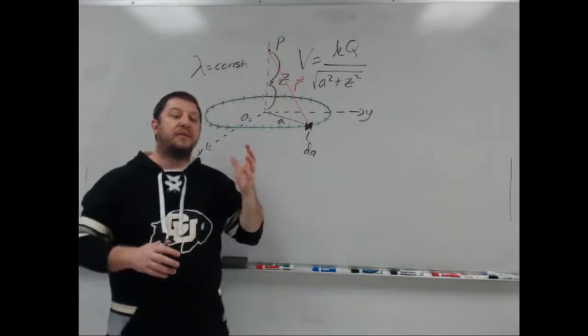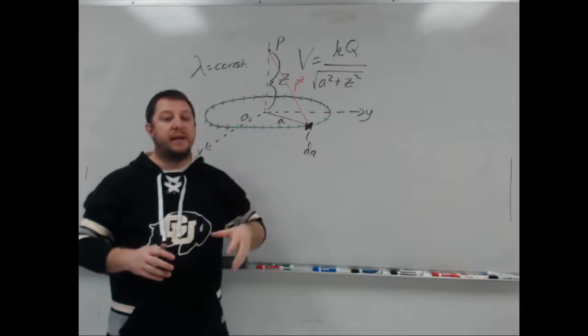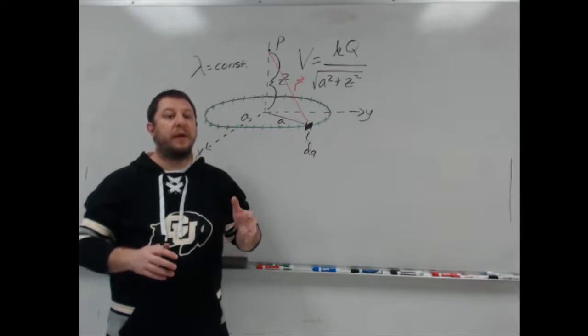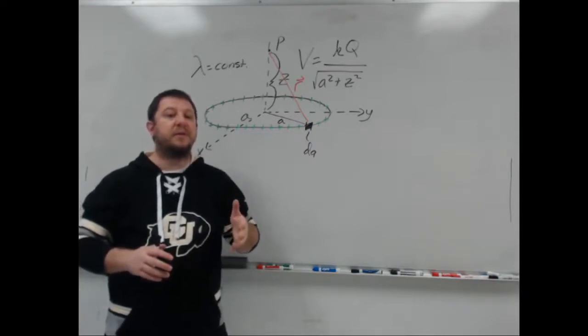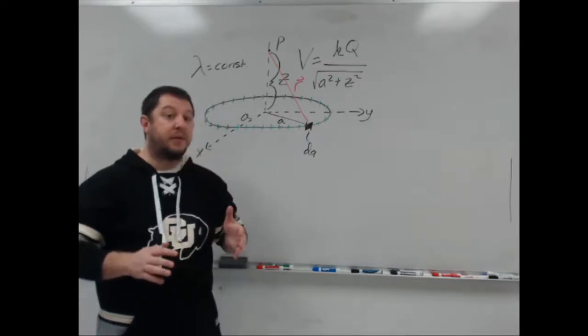But the electric field is equal to the negative gradient of the potential. So as your potential increases, your electric field is going to be pointing in the opposite direction.